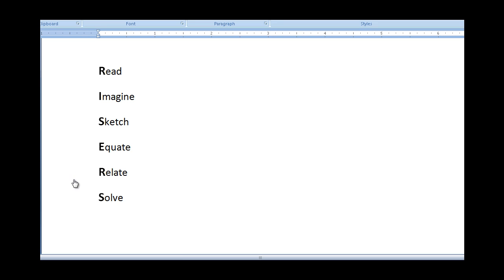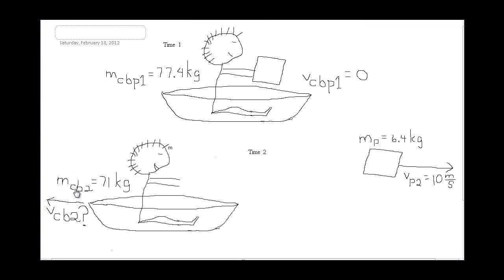So now we've finished reading, imagining, sketching, and equating. It's time to choose a relationship that ties these different things together. Let's see, what we have are masses and velocities, and we know that the weight of the boat would be balanced out by the support force that the water applies to the boat.